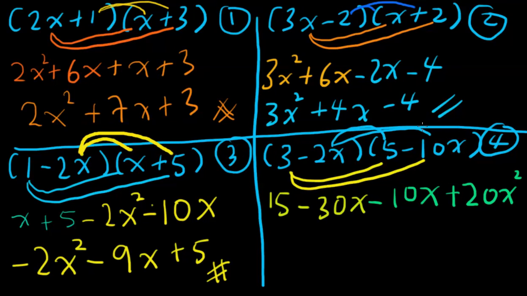Now look here, x is being multiplied by x, so you should be able to get an x squared as well. So we combine like terms, leave the first term as the highest powered term, that is 20x squared, right? And then we have negative 30x minus 10x, that is negative 40x plus 15.